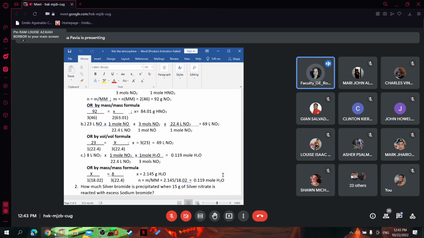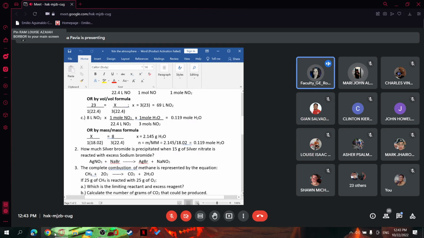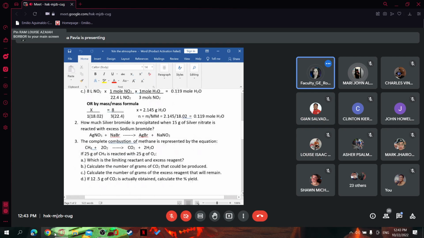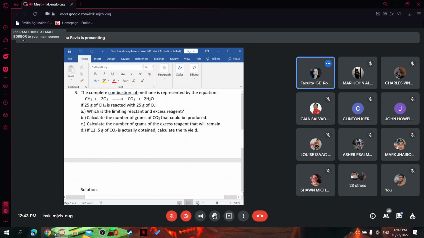Now, let's proceed with limiting reactant. Sa number 2, pwede yung pag-practicean ito na i-solve number 2. Okay. For limiting reactant, the combustion of methane is represented by the equation CH4 plus 2O2 giving you CO2 plus 2 moles of water.